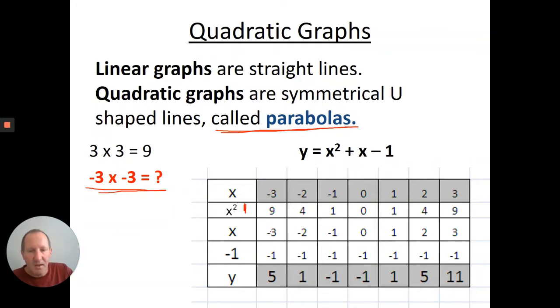And they are bigger than these here, so they become more important and make your overall answer positive. So 3 times 3 is 9, but also -3 times -3 is 9. And that's why we get that U-shaped symmetry in parabolas for quadratic graphs.